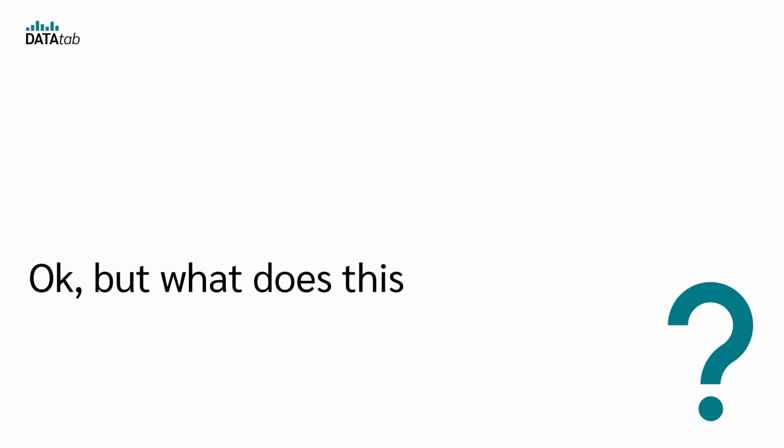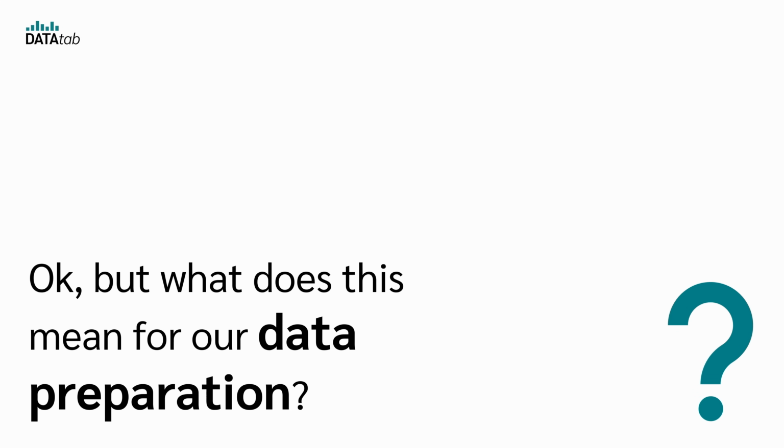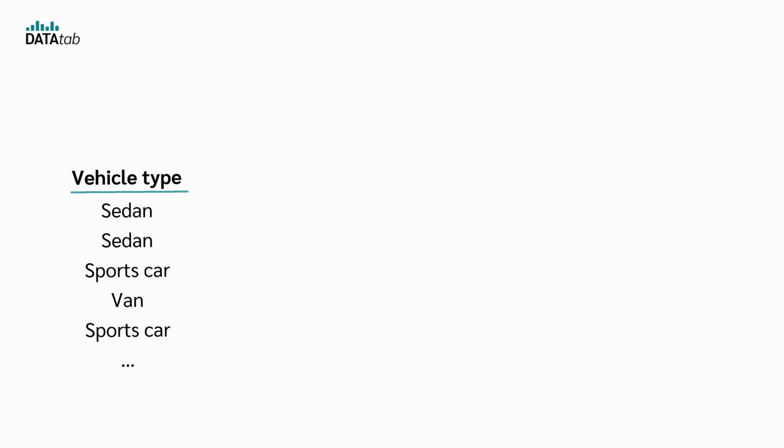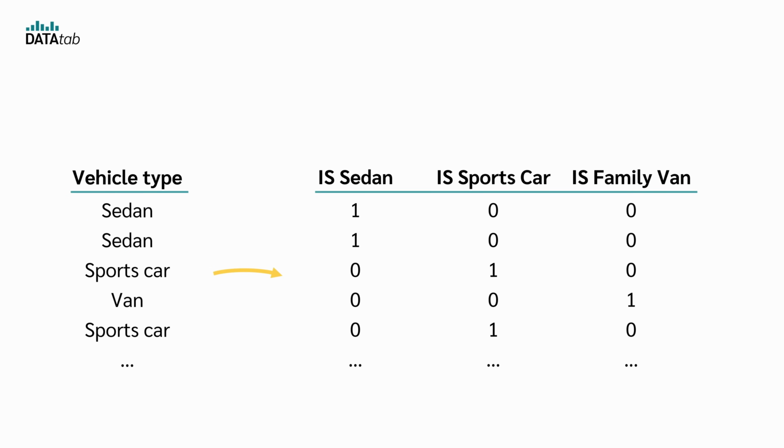Okay, but what does this mean for our data preparation? Initially, we have one column labeled vehicle type, where the individual vehicle types from our sample are listed. The first entry is sedan, the second is also sedan, the third is a sports car, and so on. From this column, we create 3 new variables.